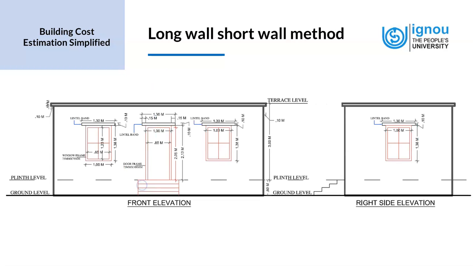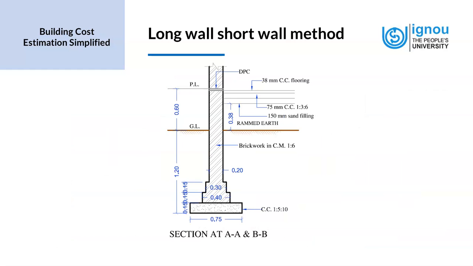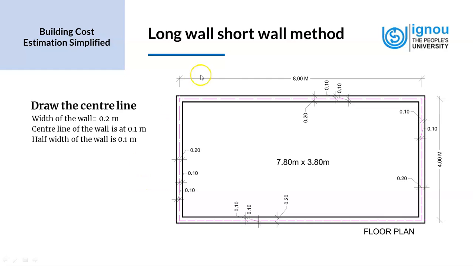We have the plan, the elevation, the section, and we also have the section of the foundation. First of all, we take the plan showing the wall, and we draw the center line.